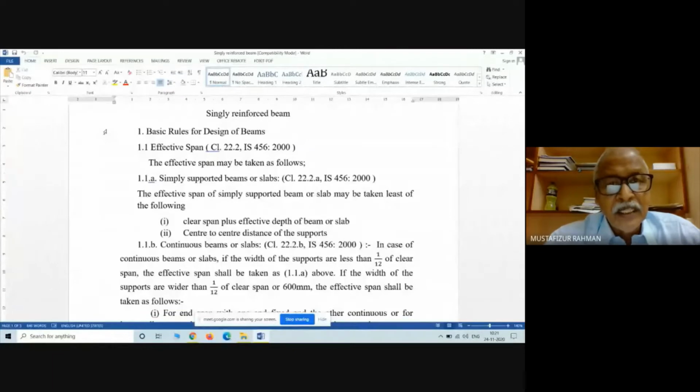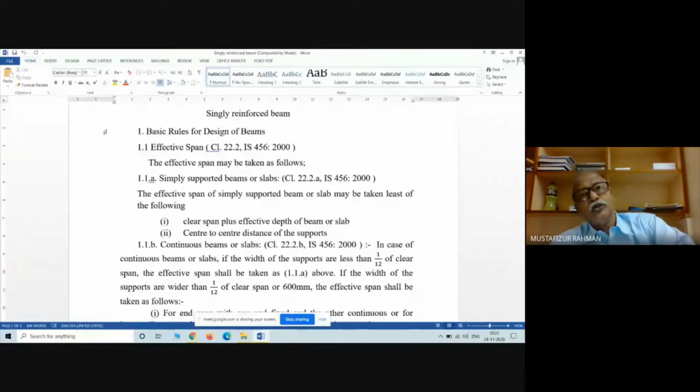The clear span means inner to inner face of the column. These two. Now there is one more thing: the center to center distance of the support. That means the center of the column on both sides, that is the center to center distance of the support. Now from these three pieces of information we will be able to find the width of the support.